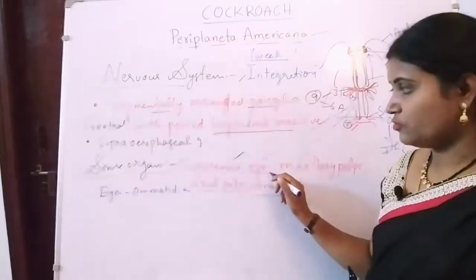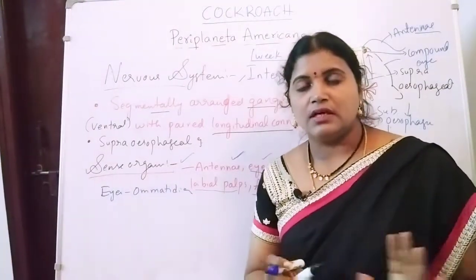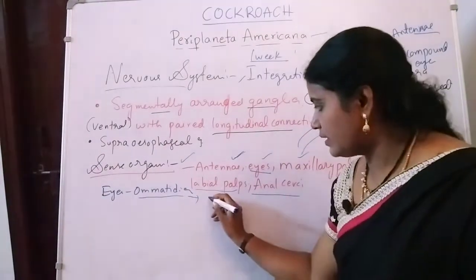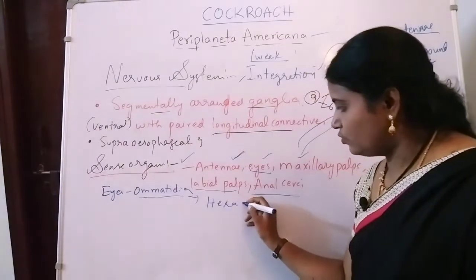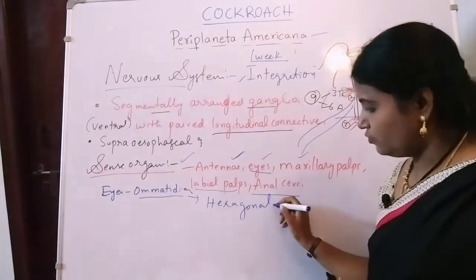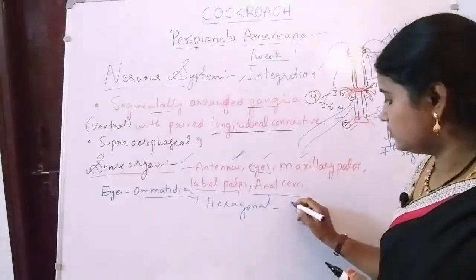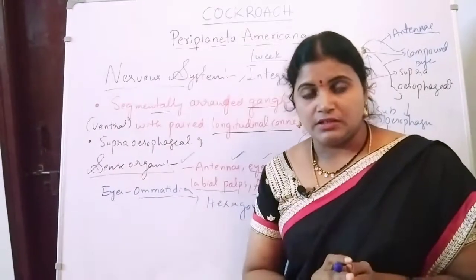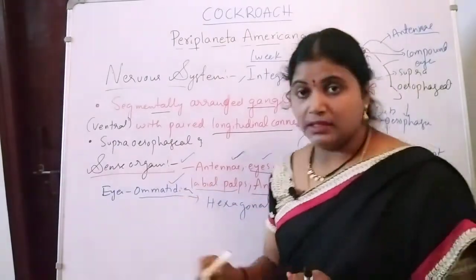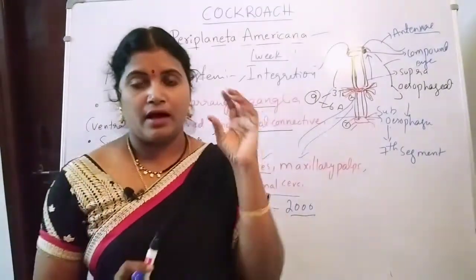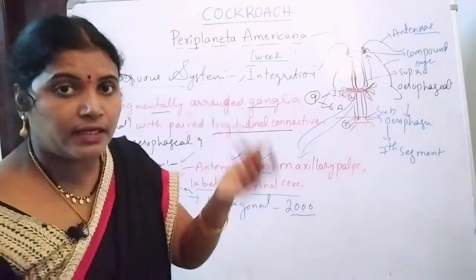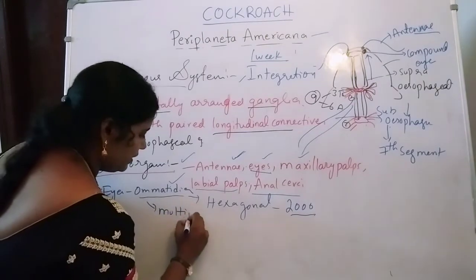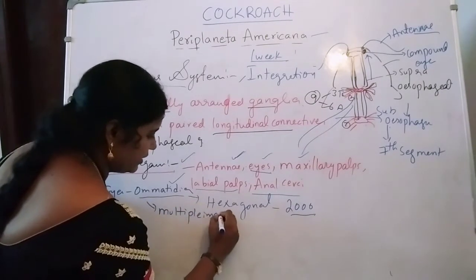Even the eyes are very special structures, having the ommatidia structures. What are they? They are hexagonal plate-like structures. How many are present? Around 2000 hexagonal structures. With the help of this ommatidia, the eyes are able to receive multiple images at the same time.